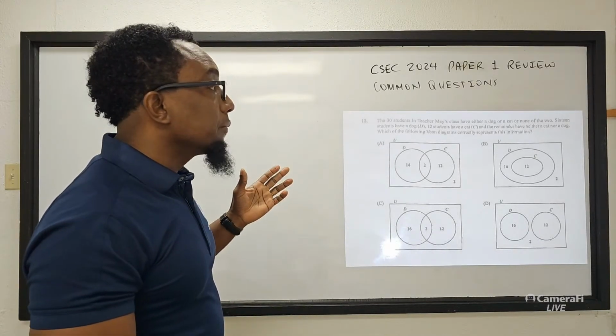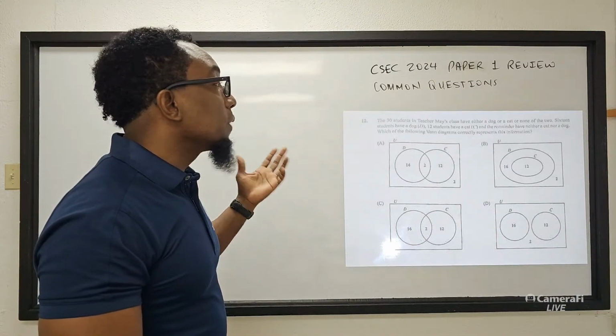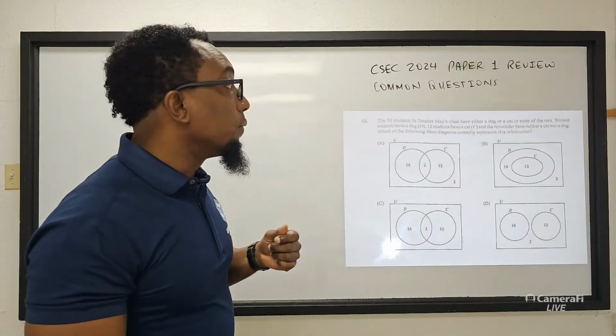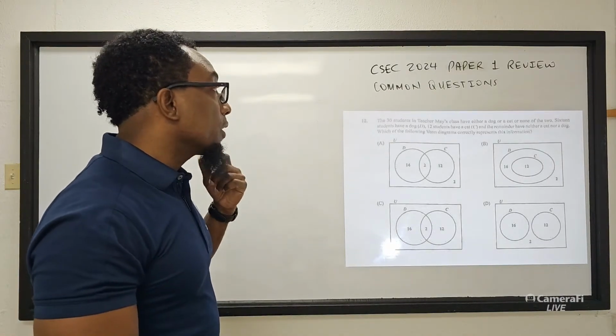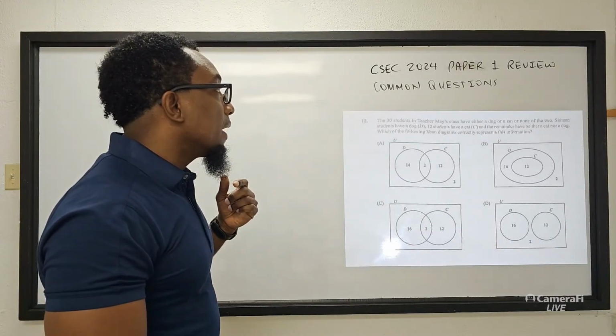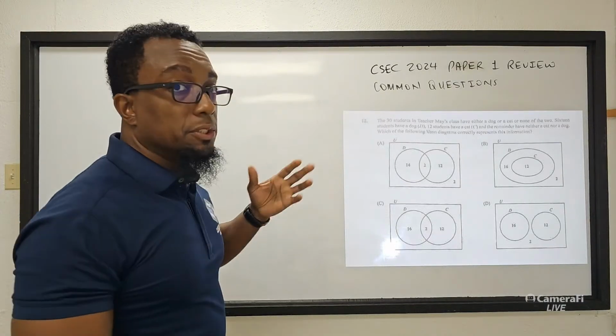Sometimes they'll word this question when we talk about all the students who have cats have dogs. Alright, that's where you know subsets, one circle inside of another, so the word all wasn't used. They may talk about students who have both cats and dogs, so nothing was mentioned about both.